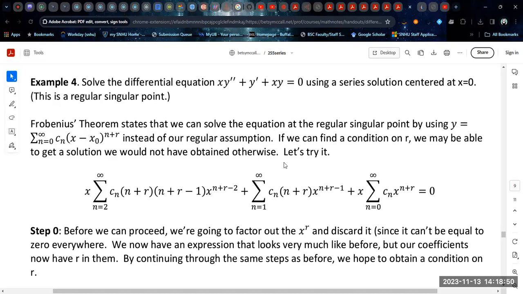What changes is that we're going to multiply our solution by some unknown power of x. So we're going to conclude that y is equal to this summation, this power series. And the difference is that instead of x minus x0 raised to the n, it's now raised to the n plus r.